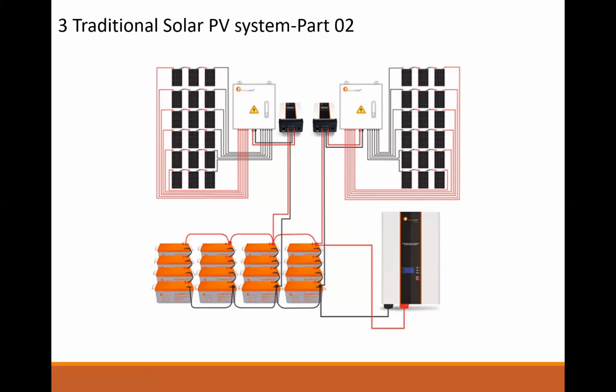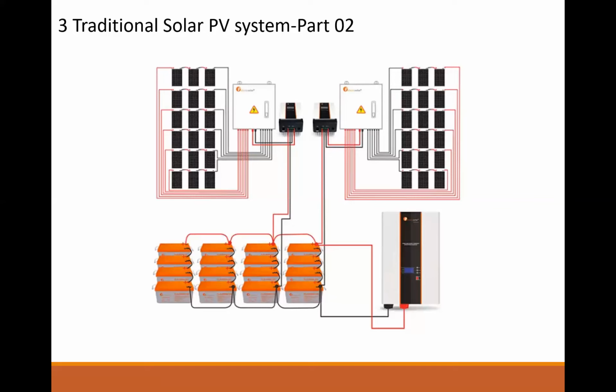When you have a lot of solar panels, you have to have combiner boxes. In part 2 of our traditional system, we have the combiner boxes. These combiner boxes arrange our strings of solar PV properly, so that we have just one single output going to our charge controller.